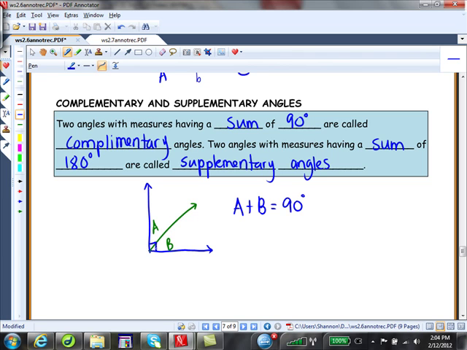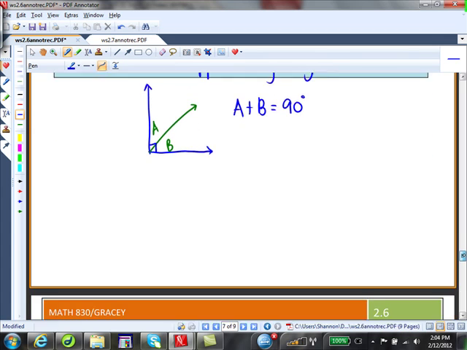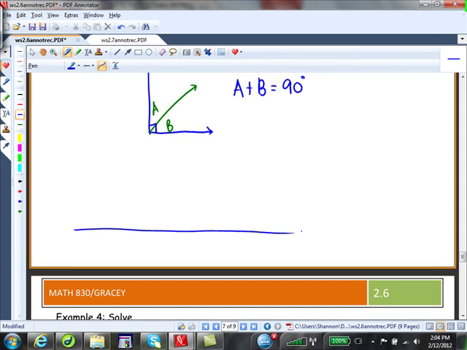So this box means 90 degrees. Now, if you take a straight line, and you have a ray coming off it like this, and if this is your A and this is your B, then in this case A plus B would be 180 degrees.